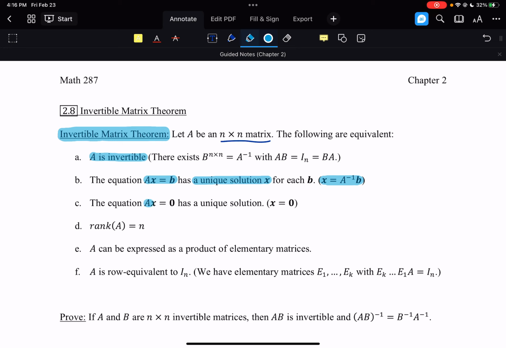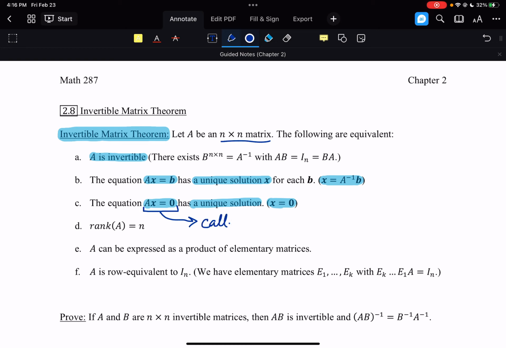If the equation AX equals 0 has a unique solution, specifically the 0 vector, or just all zeros, then that is the same idea as part B. So if this has that one unique solution of zeros, then that also gives us invertibility of A. This type of system in particular is one that we're going to deal with a lot in future chapters.